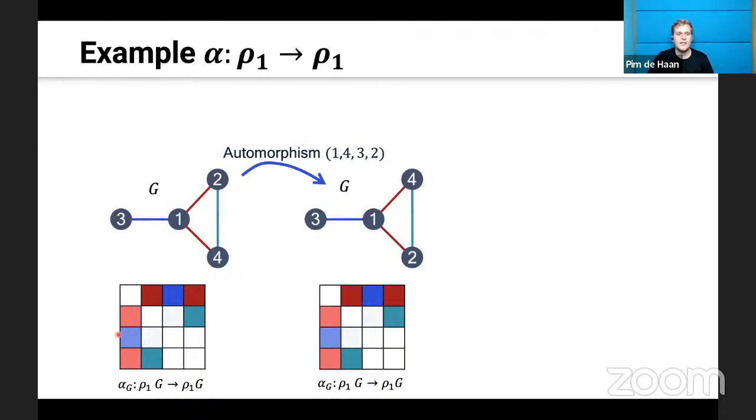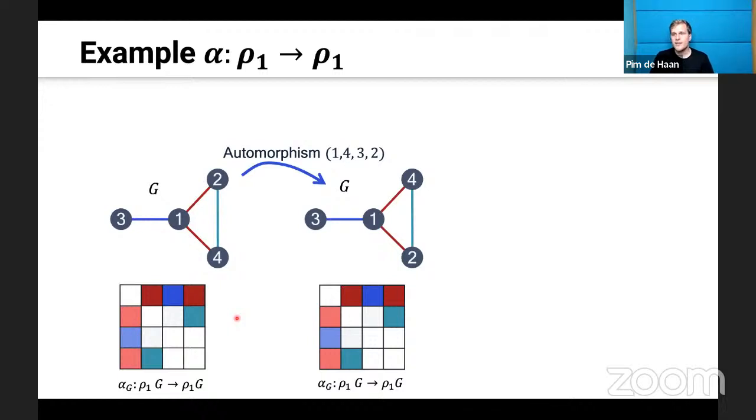In this concrete case, this corresponds to: if we permute the second and the fourth row of this matrix, we get the same as if we permute the second and fourth column of the matrix. Or equivalently, if we swap the second and fourth column and row of the matrix, the matrix needs to look the same. That's why I also colored these similarly. So if we swap these two columns and these two rows, then we have the same matrix.